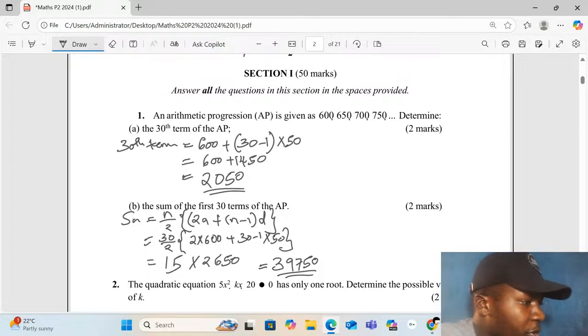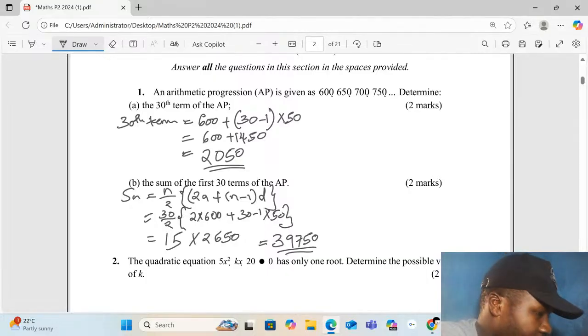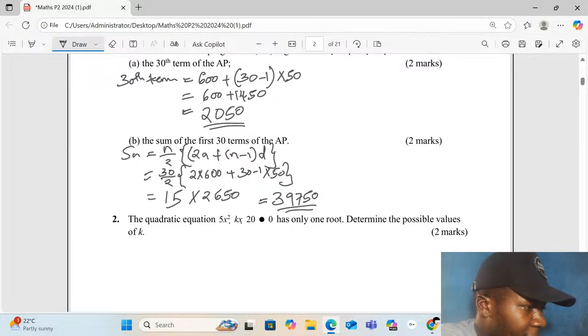So that is now the sum of the first 30 terms of the AP. So when you add 600 plus 650 plus 700 plus 750 plus the remaining terms, you're going to get a total of 39,750. That is your final answer.